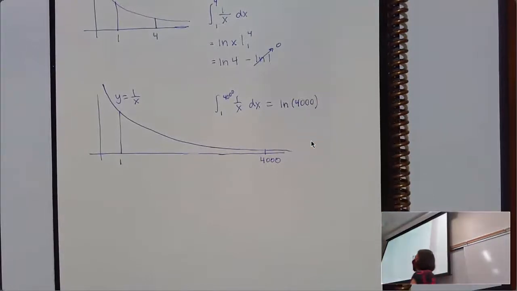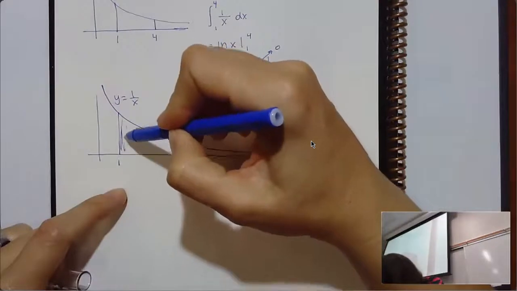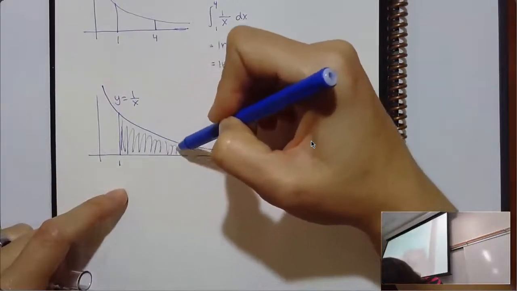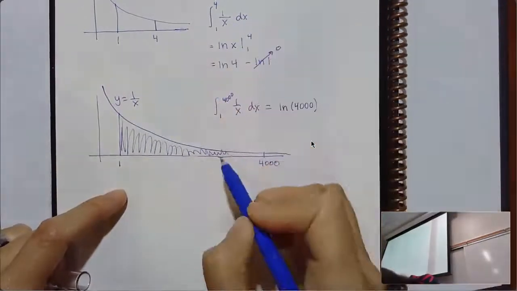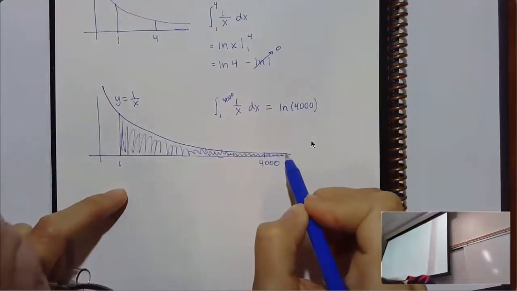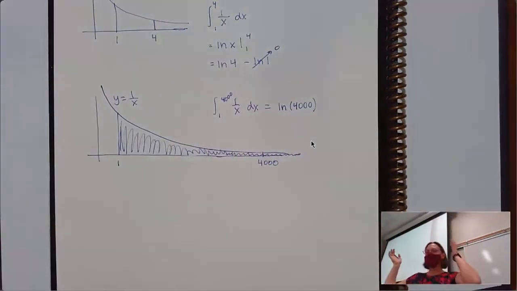Okay, wait. That wasn't really the area I wanted to find. I wanted to find the area if I keep going forever. Don't think too hard. What's the area going to be if I go forever?